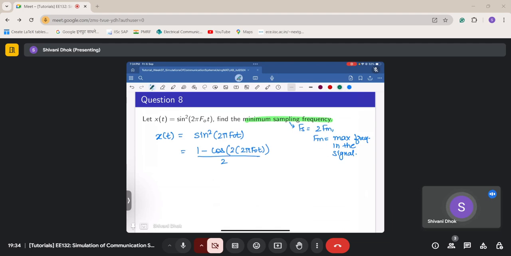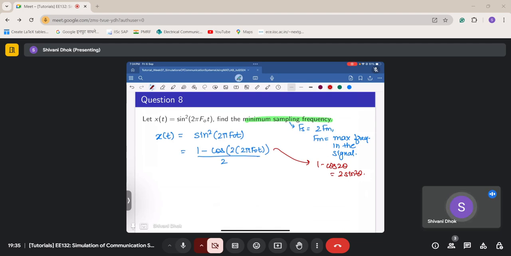We have used a simple trigonometric identity: 1 minus cos 2 theta is 2 times sine square theta.